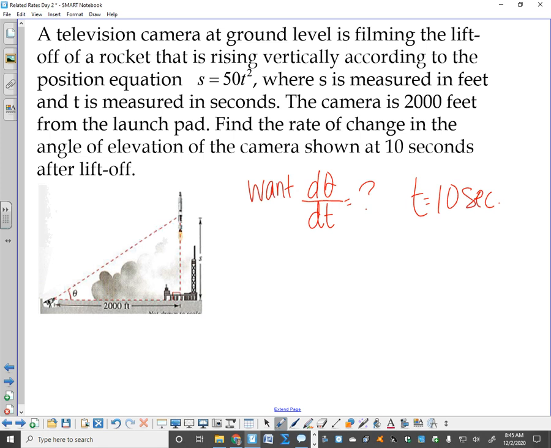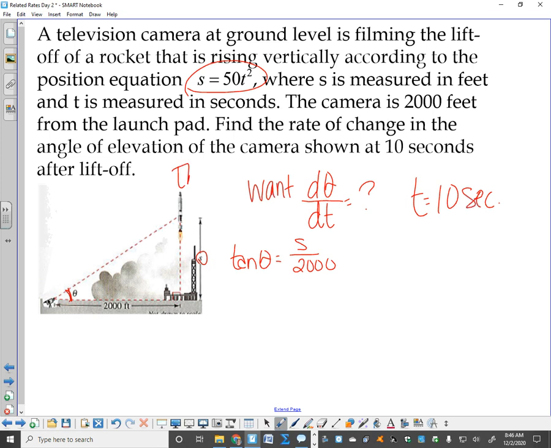Let's see. I am referencing that angle. I've got a position equation s for the rocket, so that's the opposite side, and I know the camera is 2,000 feet away from the launch pad, and that is a constant, so that's very nice. So this is opposite and adjacent, so I'm going tangent. Tangent of theta equals s over 2,000.